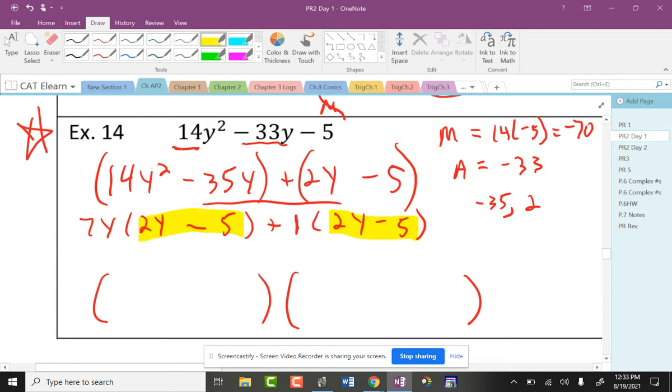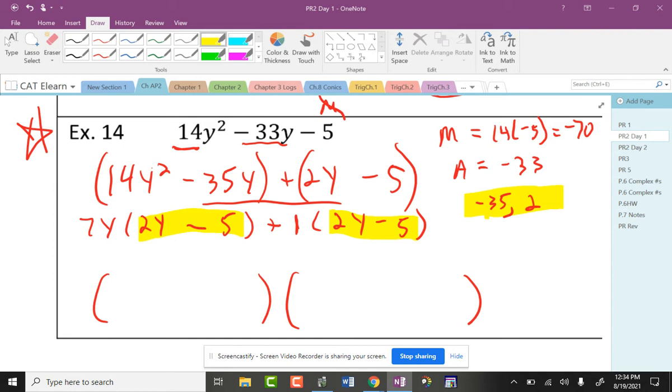Now, the reason I highlighted that is this is the only way grouping works. And the fact that you got the correct magic numbers that multiply and add, this is why these two parentheses are exactly equal. And then listen one more time. I know a lot of students don't get this and they just write the final answer, but really this is a GCF binomial.